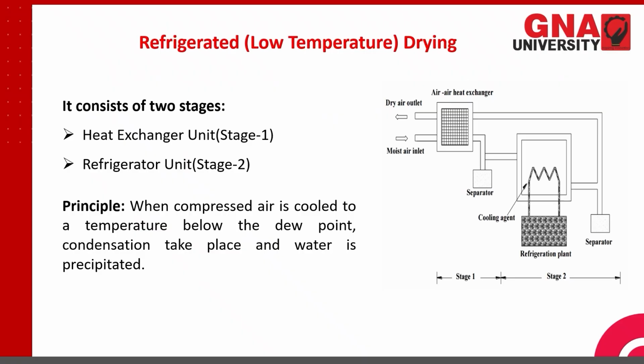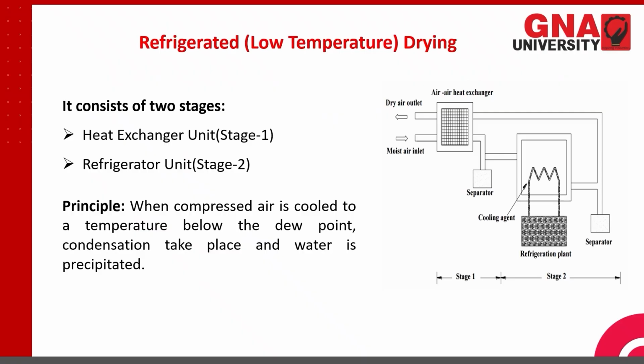So what happens? When the air comes out of the refrigeration unit, it is very cool, but it is compressed also. So we cannot use this much cool air for our system. We have to heat it up a little bit. So we pass it to the air to air heat exchanger, that is stage 1, where it exchanges heat with the incoming moist air.